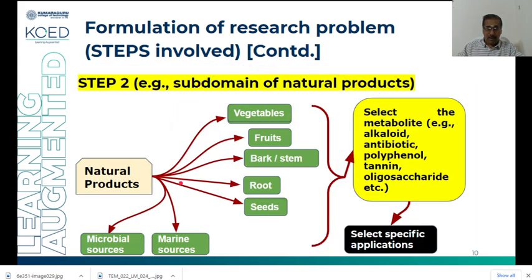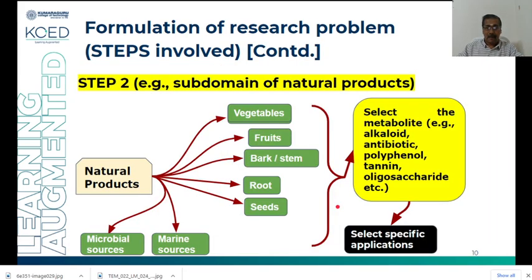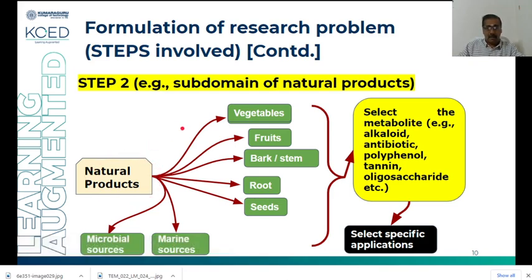I want to focus on step 2. This is very important because selection of sub area is very important, right? Say natural product is the broad area. I have decided to work under natural products.